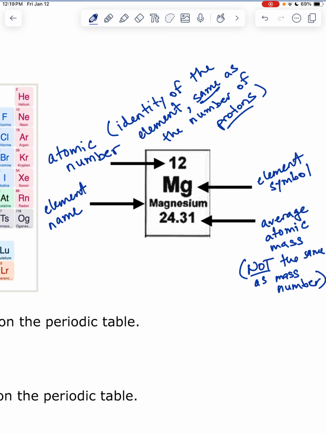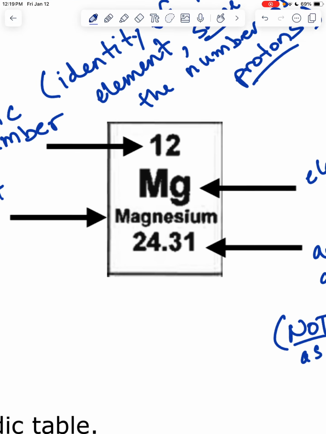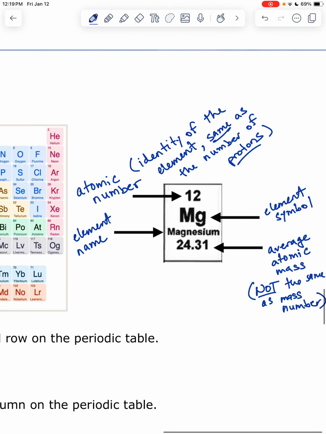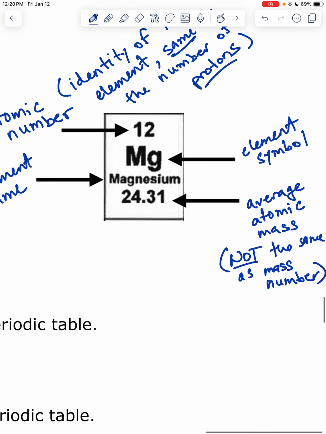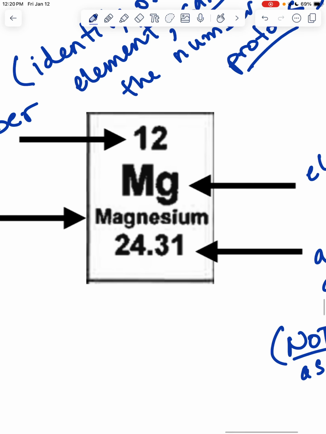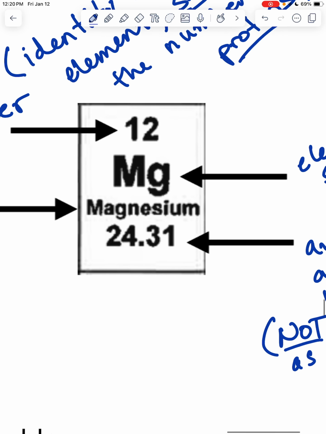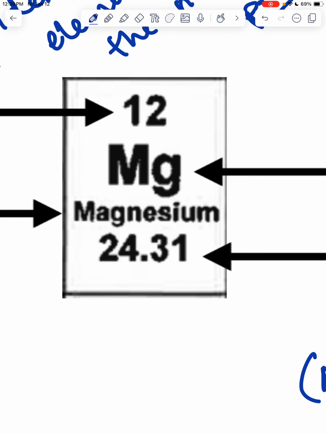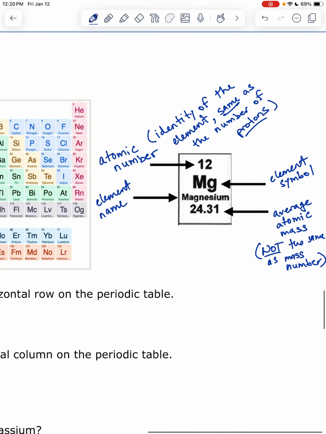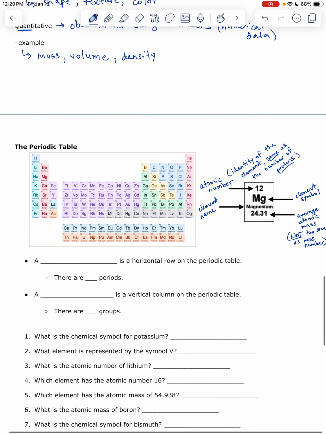But that's just showing that there's different versions of these things that exist in the world. Mass numbers are whole numbers of these. It's kind of like there's a lot of dogs in the world, but not all dogs are the same, right? So they all represent the same thing, but they are inherently different. Different shapes, different sizes. So there's different versions of magnesium that occur in our world. That's where that number comes from.